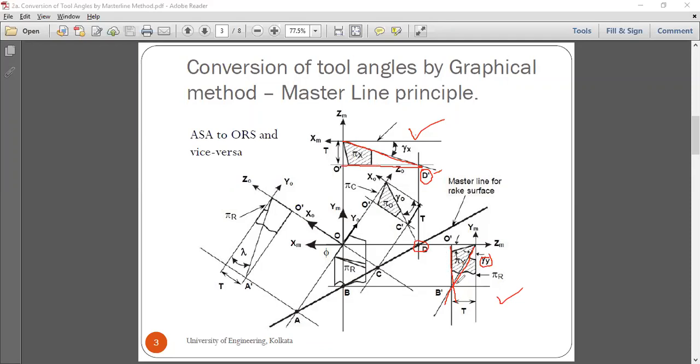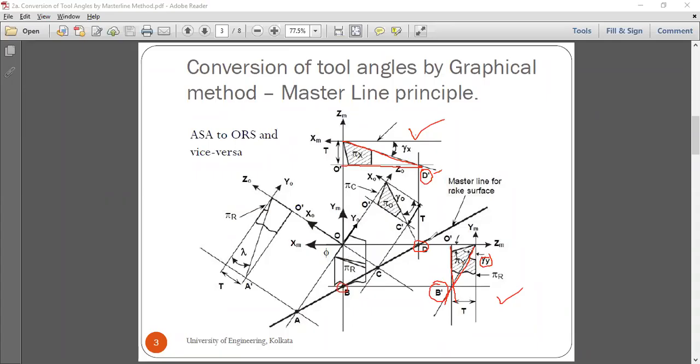Similarly, if you extend this gamma y rake line and intersect it with the baseline, so this is the base, okay, this will be our B dash, and if we take a projection of B dash on this vertical line, we'll get B.